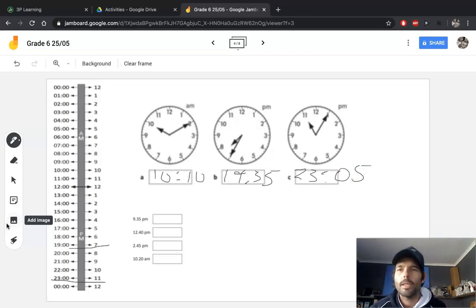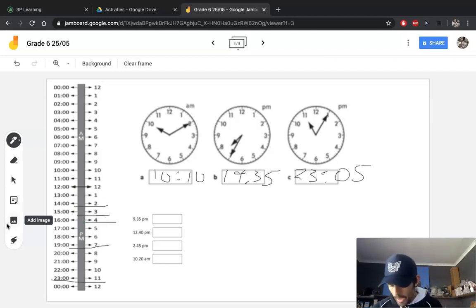So you should be able to identify on the table that when we're in PM, to get from the 1 to the 13, I'm adding 12. To get from 2 to 14, I'm adding 12. To get from 3 to 15, I'm adding 12. So each time, I'm just adding 12 to get the number for the hour.